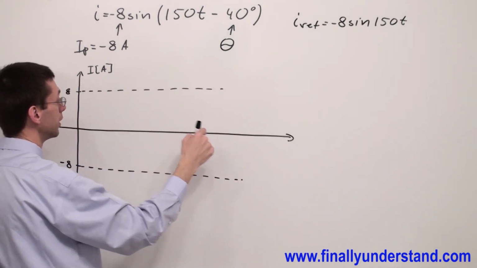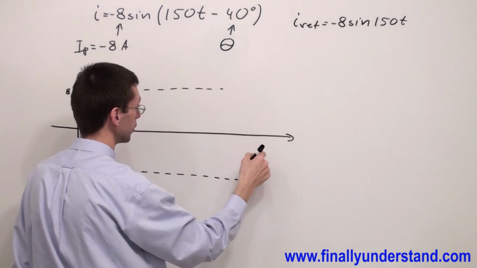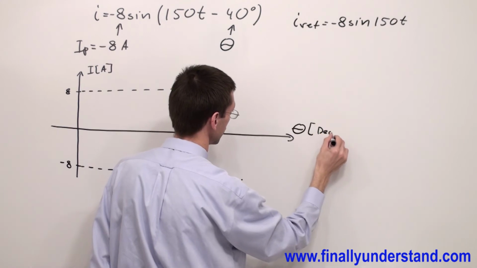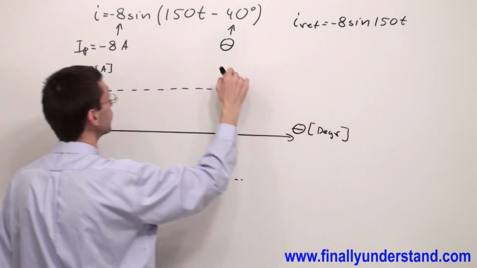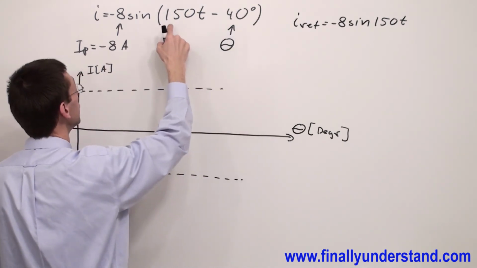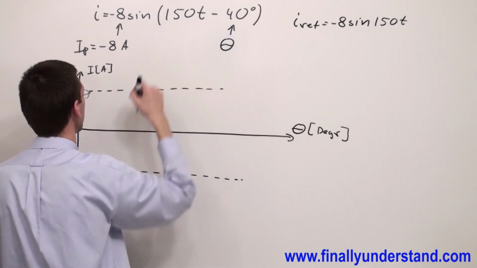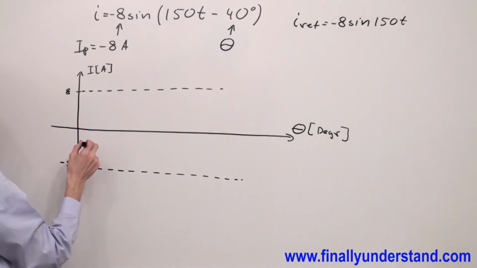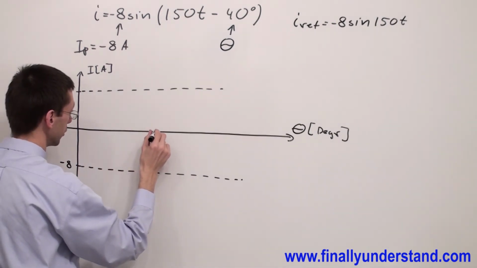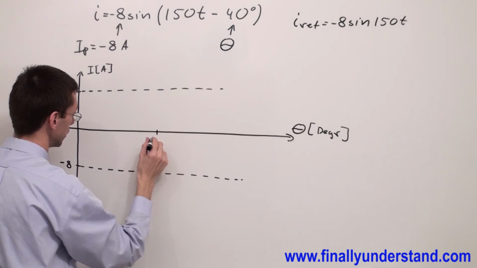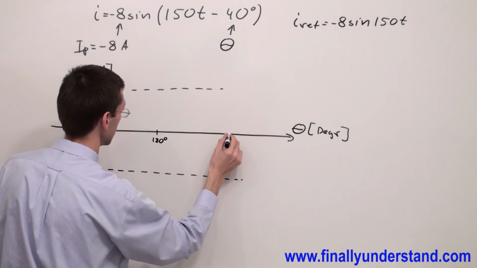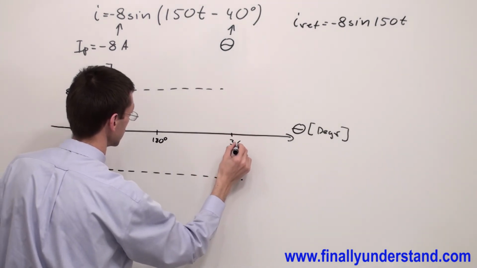Now, my x-axis represents the angle theta in degrees. Why in degrees? Because my phase shift angle is expressed in degrees. At this moment, I don't care about 150, as I said before. So I'm going to have points 180 degrees, and I'm going to have 360 degrees.